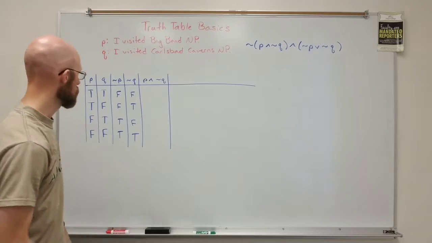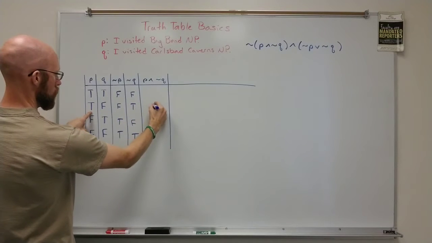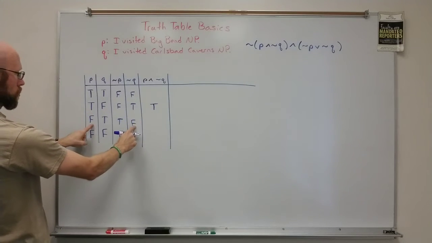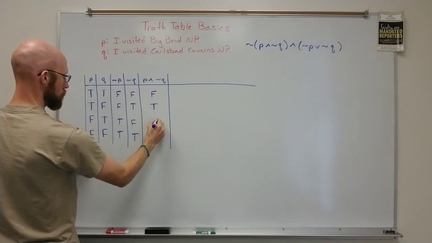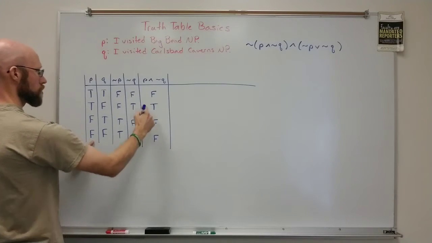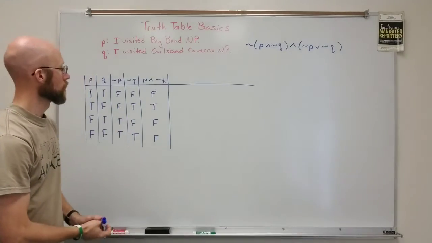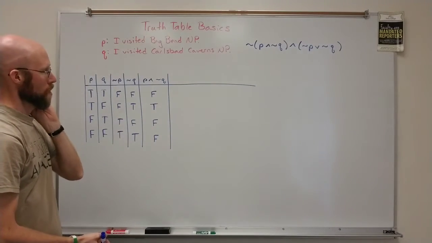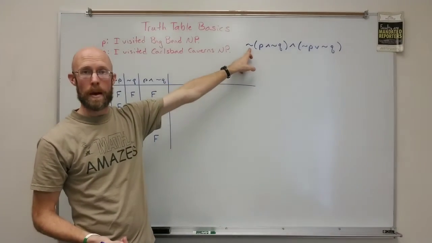Everything else will be false. So as I look down, there's a false. This one has a true on both. There's false and there's false. So anytime there's at least one false, the conjunction is false, but if both are true, then the conjunction is true.